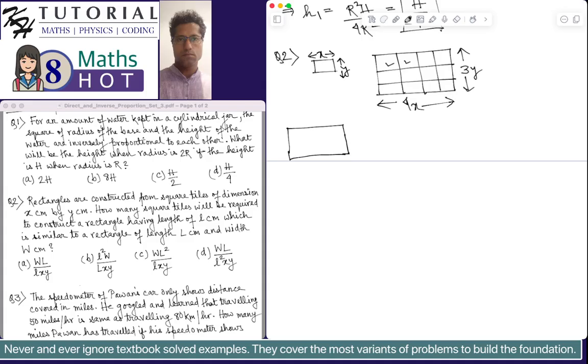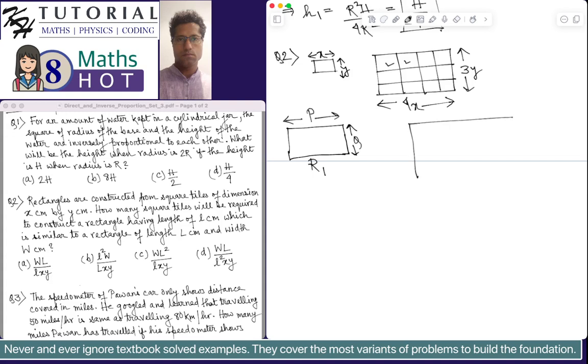Let's say this is rectangle R1, with length P1 and width or breadth Q1.